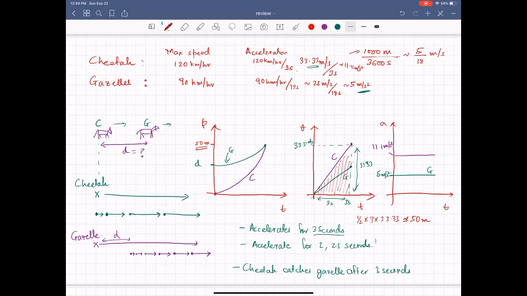So I can also calculate that from this graph here. The gazelle is accelerating at 5 meters per second squared for 3 seconds. So in 3 seconds, it would have reached a speed of 15 meters per second. Okay, so that's how I would go about answering this.